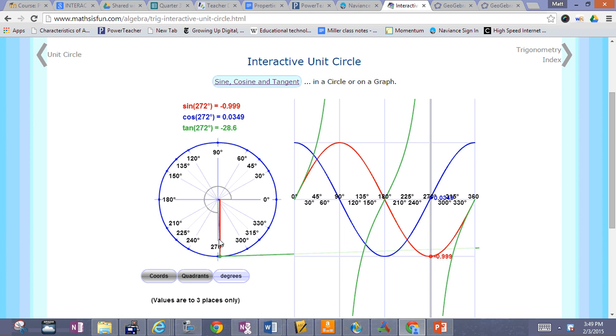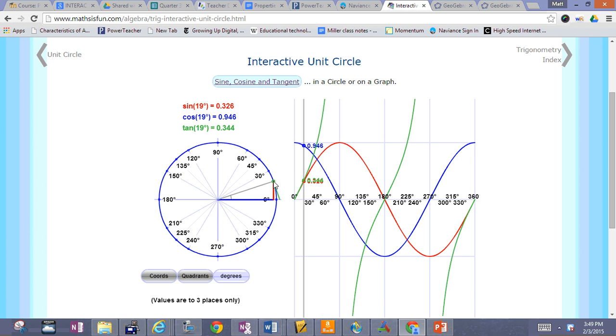When we reach quadrant 4, our cosine is positive, so we're graphing the cosine. You're following the movement along the blue graph, coming up towards our highest value of 1.